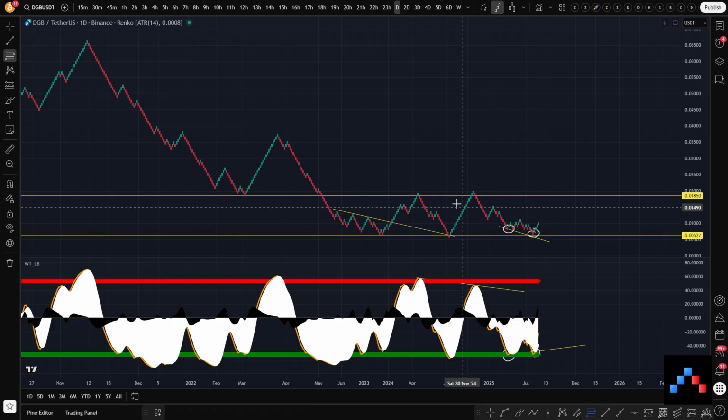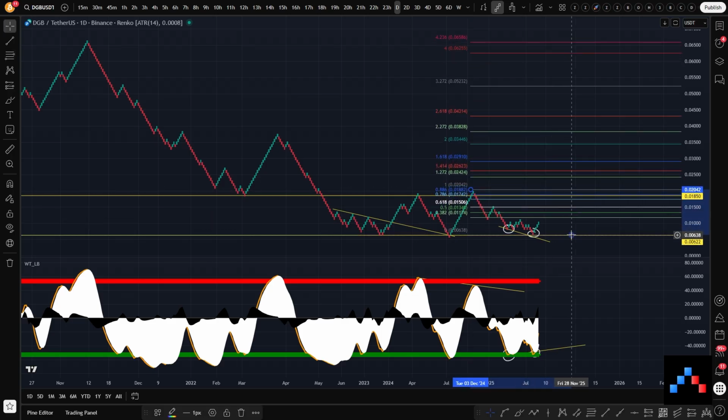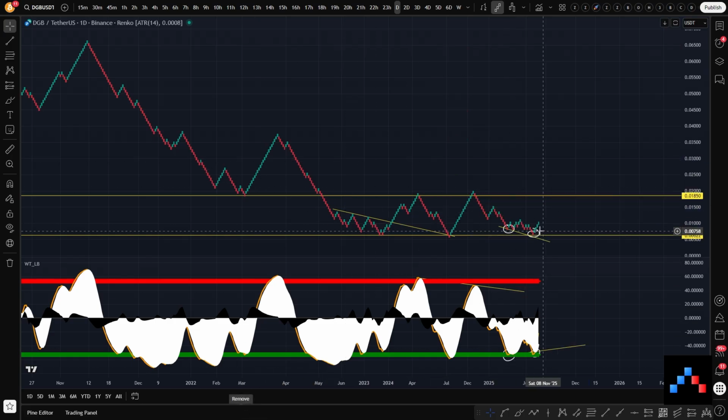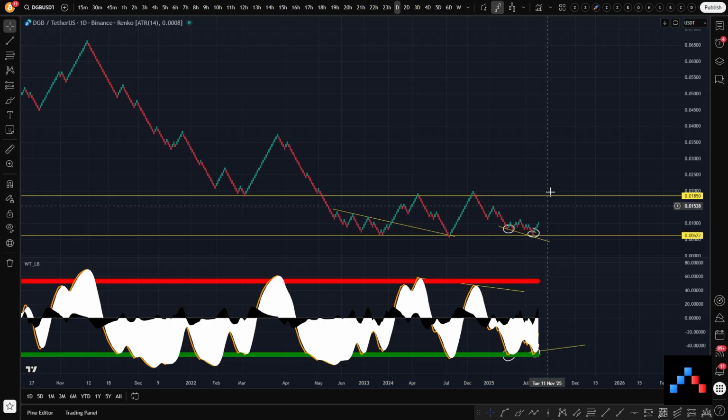And what kind of targets can we expect? Well, basically the same, using a fib extension: 1272, 1414, or 1618. Usually when this kind of trend reversal happens, when you see this kind of massive bullish divergence after a long period of consolidation, just like what happened here, we're discussing 1,274 days of consolidation when the market did nothing.